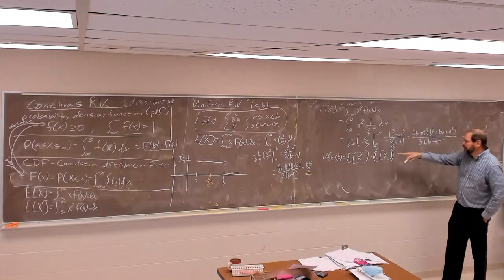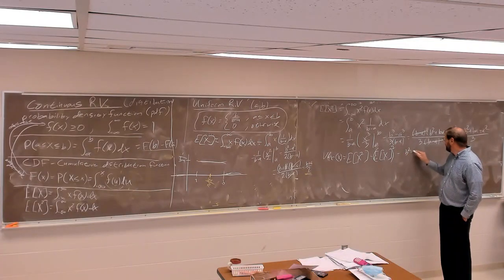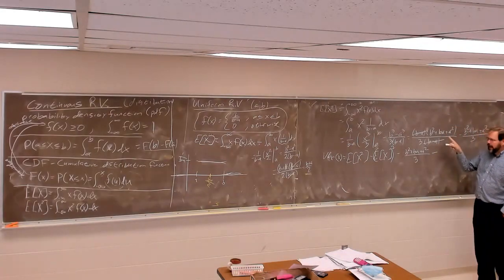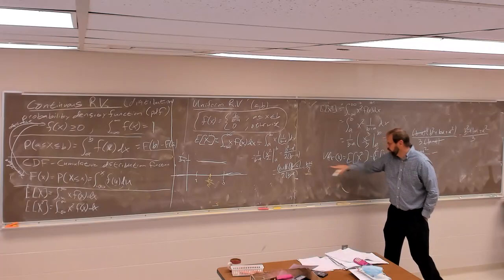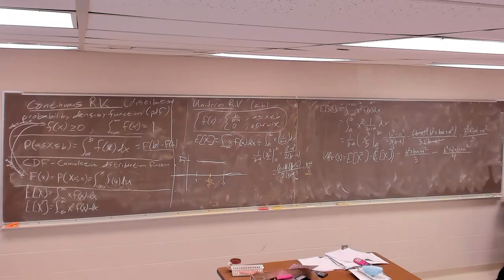So we just found this one is b squared plus ba plus a squared over 3 minus, and then this one squared would be b squared plus 2ab plus a squared over 4, if I square that.